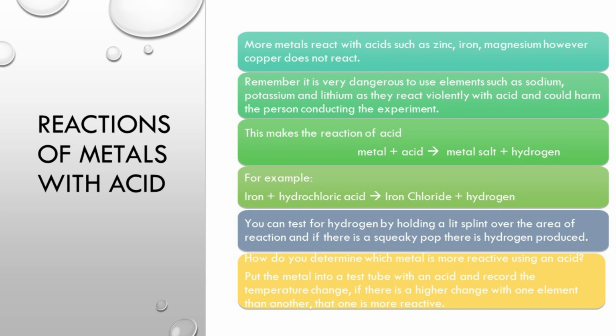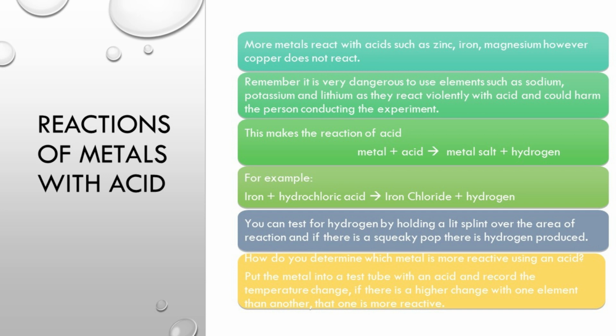This makes the reaction of acid: metal plus acid goes to form metal salt plus hydrogen. For example, iron plus hydrochloric acid goes to form iron chloride plus hydrogen. You could also use sulfuric acid, forming a sulfate, and nitric acid, forming a nitrate.